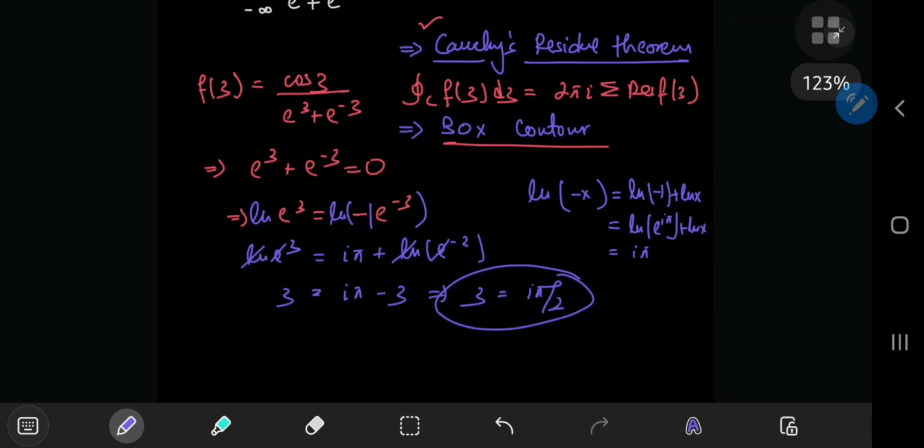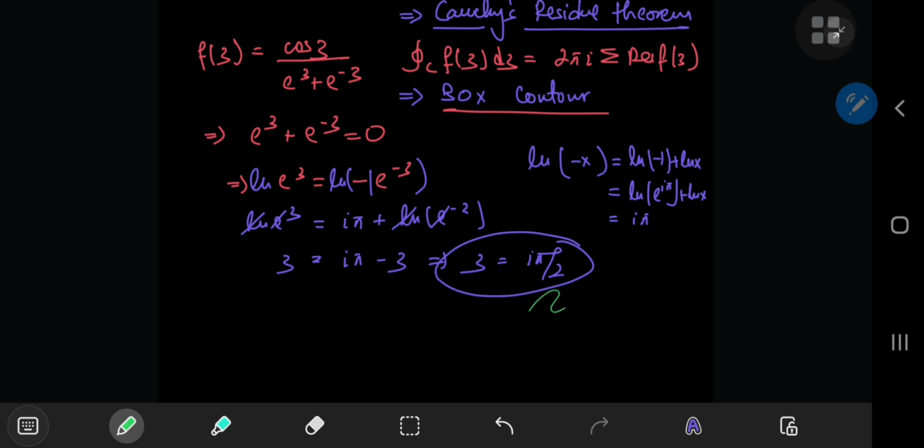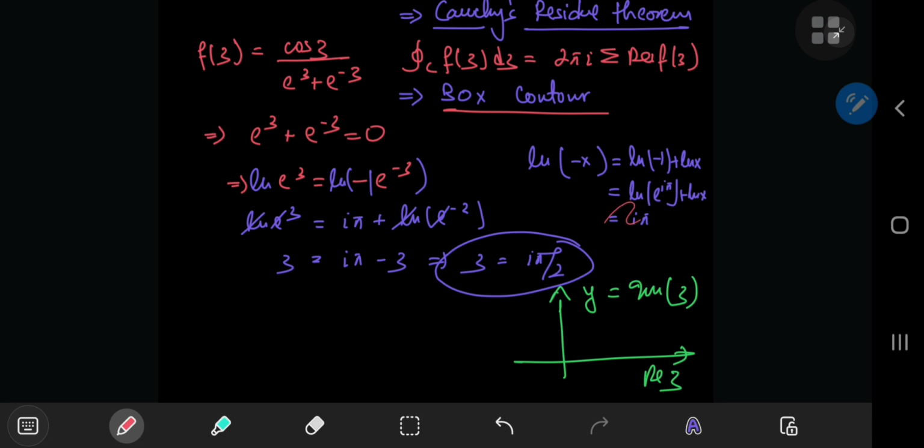So let's now consider the complex plane, with the x-axis representing the real part, and the y-axis representing the imaginary part of the complex number. Our pole is I times pi by 2, so that's pi by 2 on the imaginary axis.